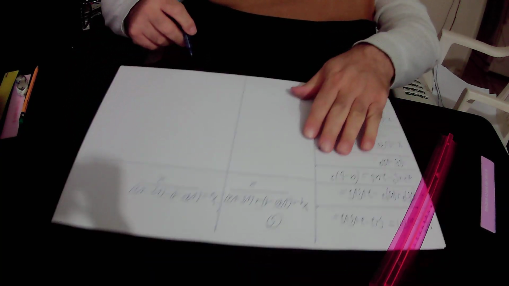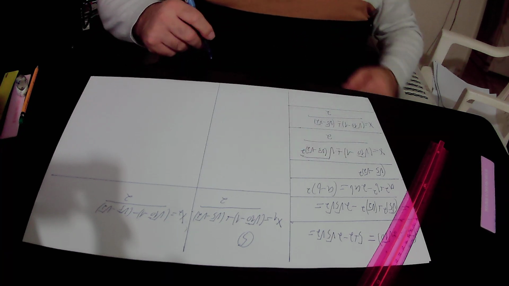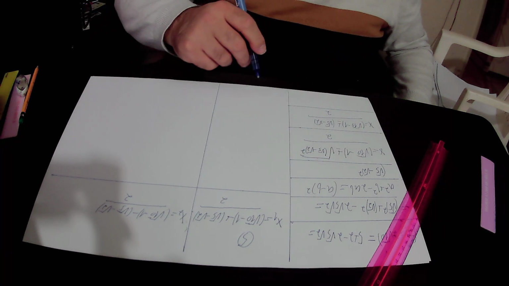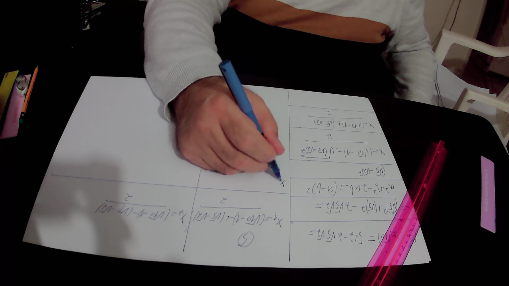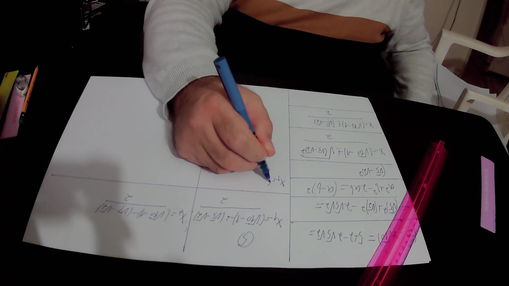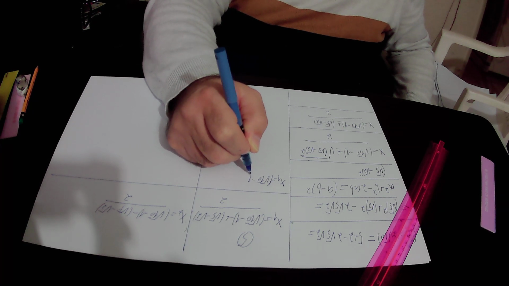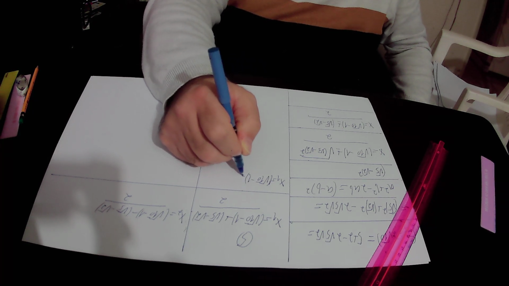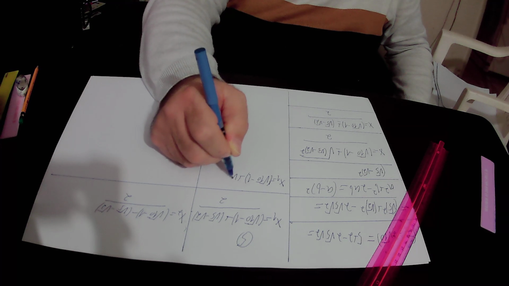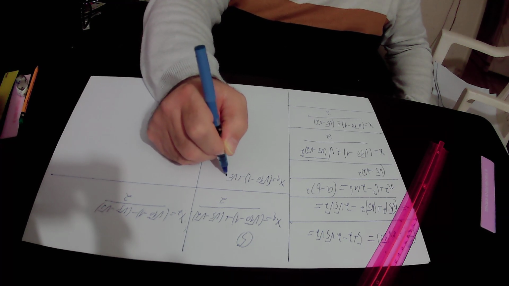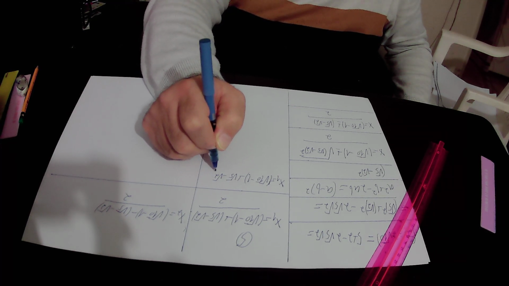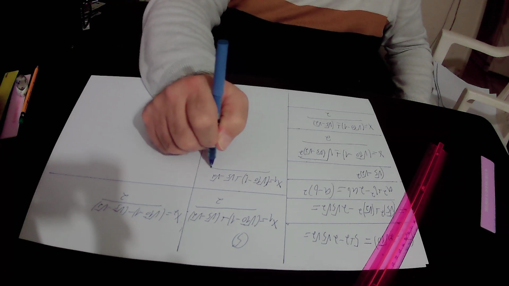So we'll continue with the first solution for x, that is x1. Here we have x1 that equals square root of 10 minus 1 plus square root of 5 minus square root of 2, divided by 2.